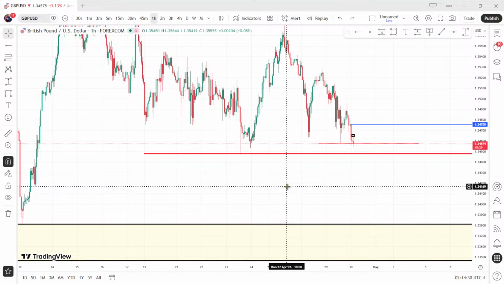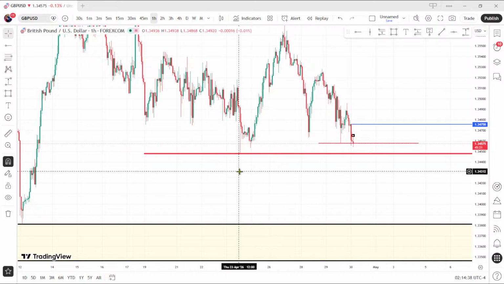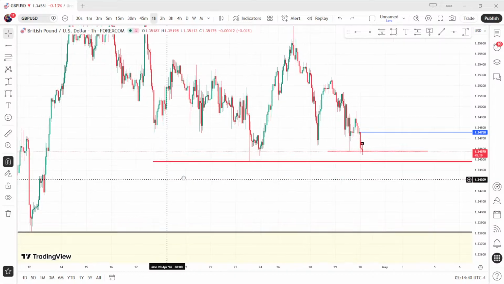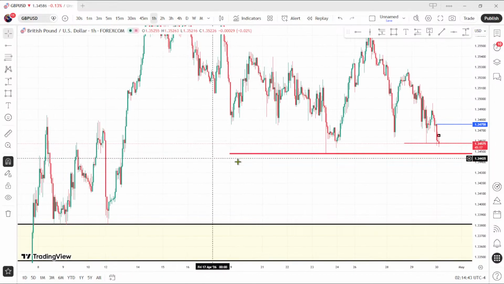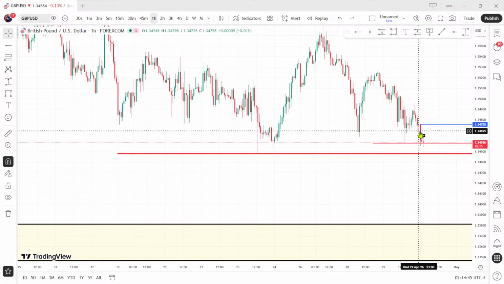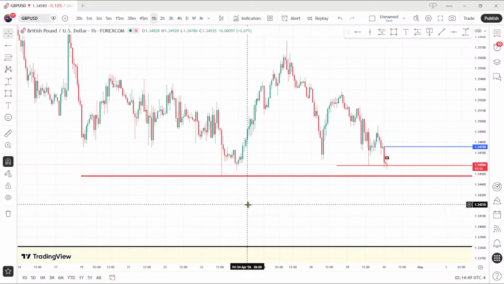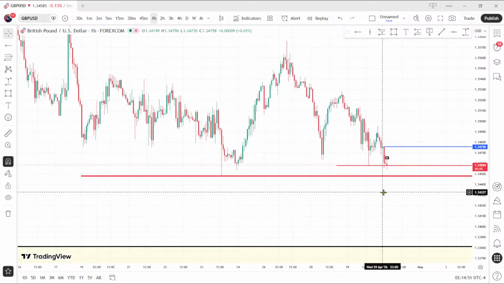There is no news in this London session, but we're expecting liquidity either in the London or the New York session. Below the midnight open.